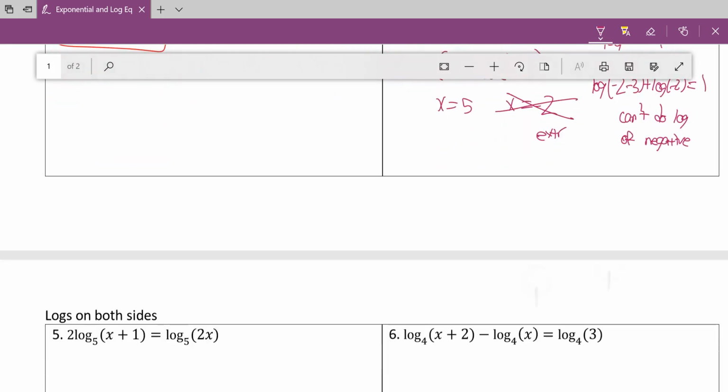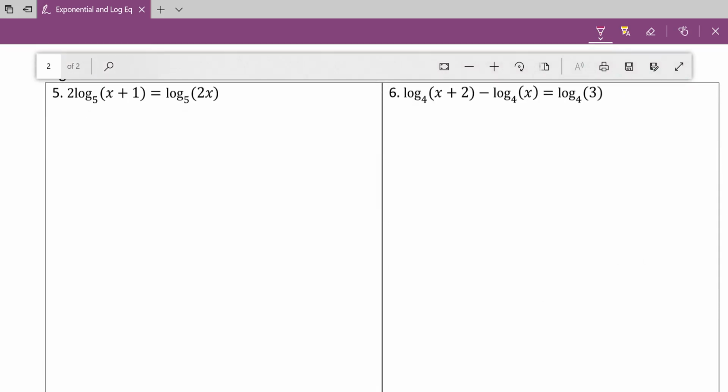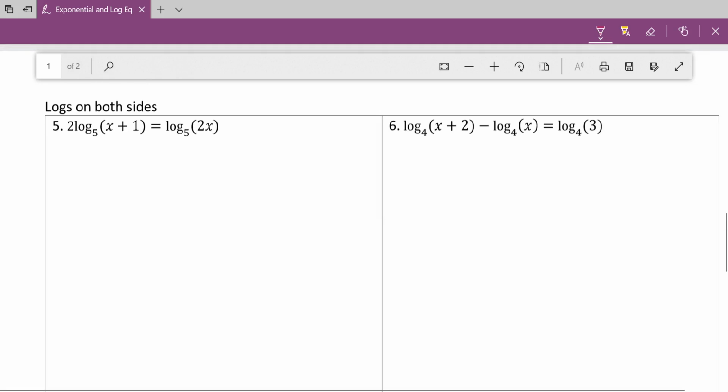Okay, and then our last 2 examples, now we have logs on both sides of the equation. So with these, again, we do need to isolate the logs as much as possible. So if I have 2 times log base 5 of x plus 1, if I try to divide both sides by 2, then I just have log base 5 of 2x over 2 on the right side, which still doesn't work.